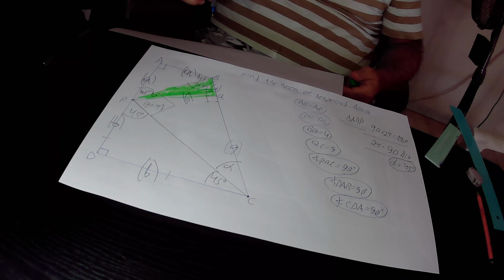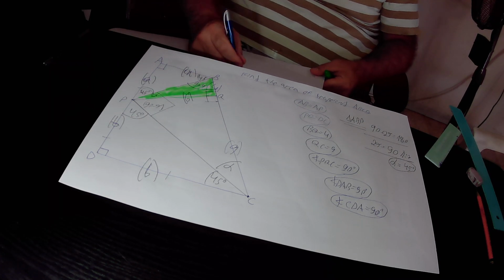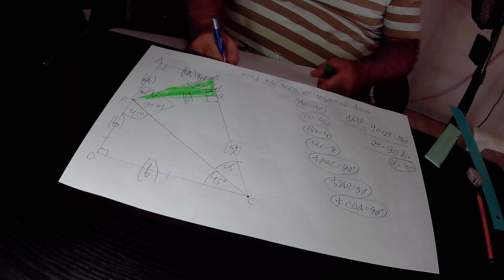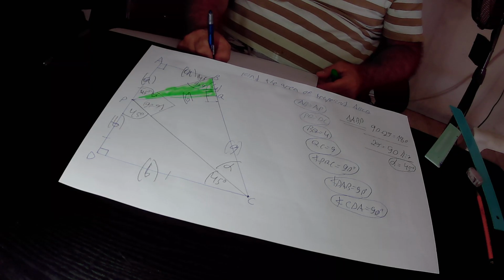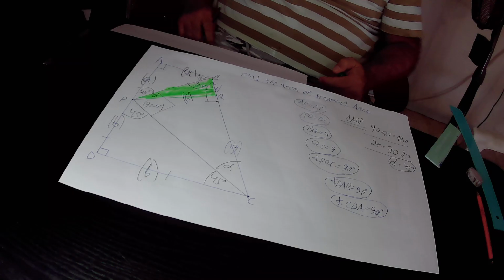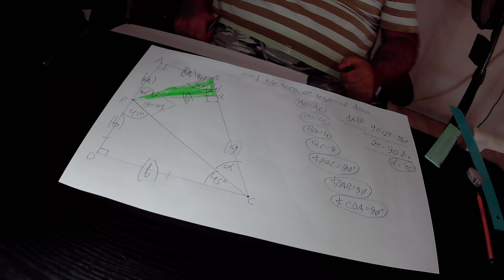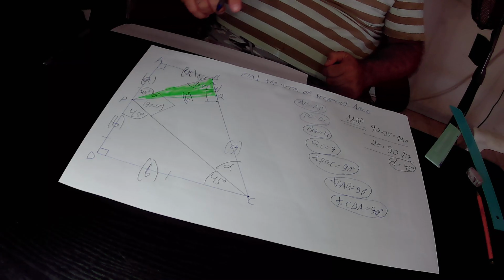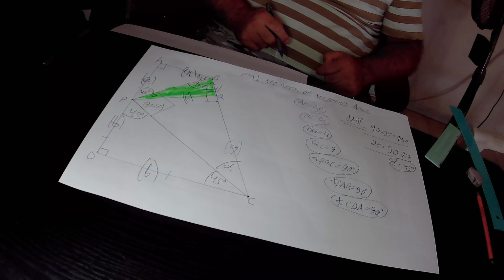Our task is to find out the area of this trapezoid ABCD. So what is the area of trapezoid ABCD? Actually, the area of trapezoid ABCD must be equal to the sum of the areas of the three components that it consists of.